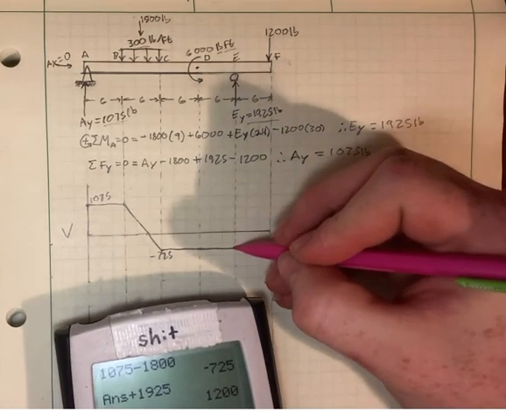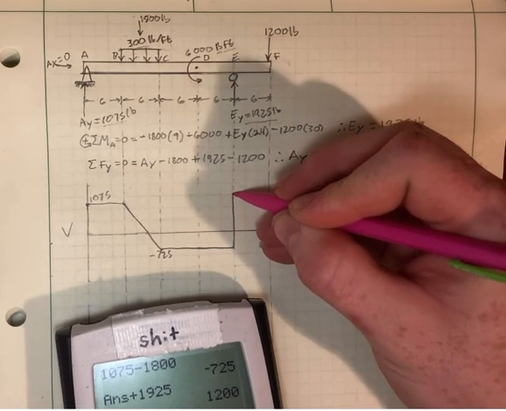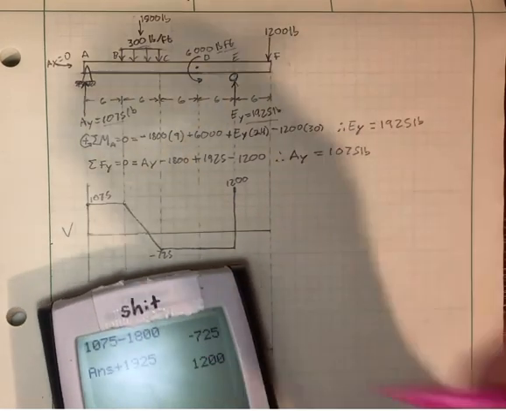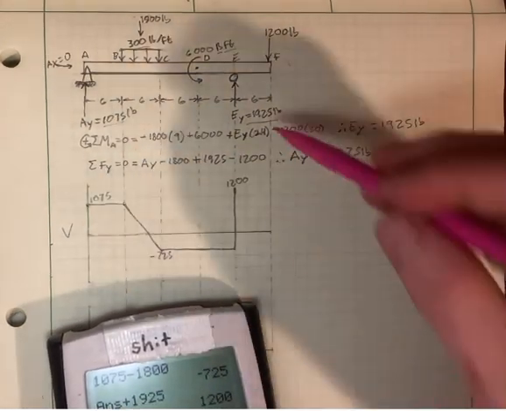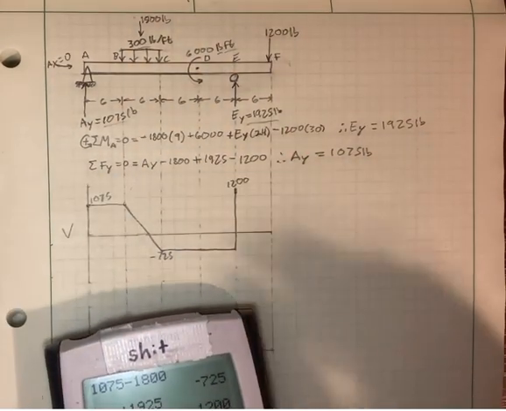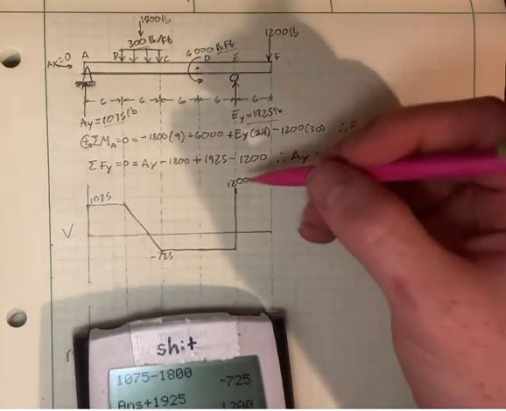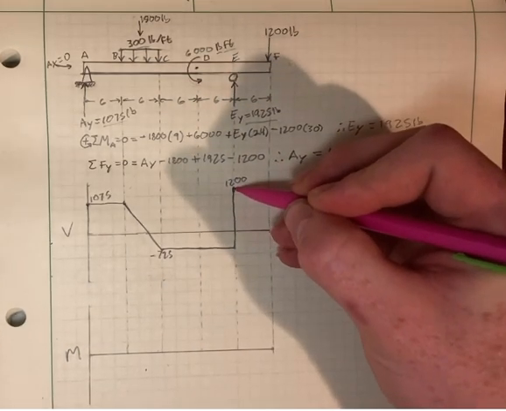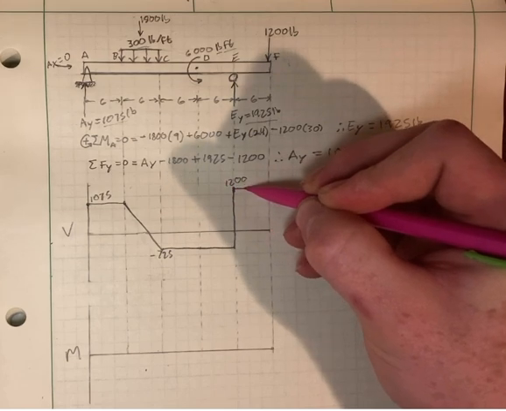Boom, that puts us up. We're gonna jump up all the way up to 1200. Negative 725 plus 1925, positive 1200. That's where we are. And now what? Keep working left to right. Nothing happens.